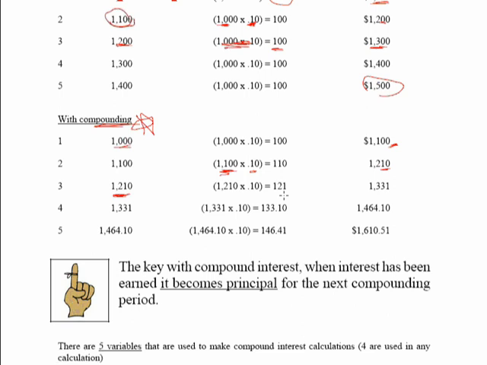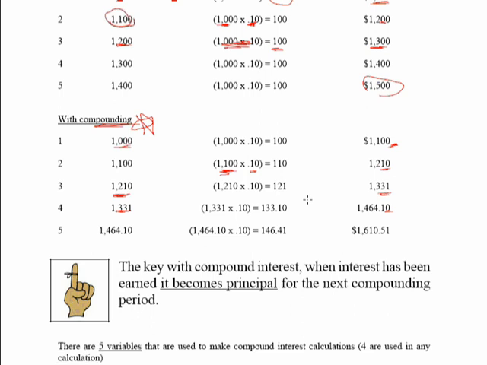Now we're making an extra $21, which gives us an ending balance of $1,331, which now is $31 higher than our no compounding example. So for year 4, we have a balance of $1,331. A 10% return on that gives us an additional $133.10, which gives us an ending balance of $1,464.10. So this compounding is starting to pick up momentum, starting to pick up speed, this concept of making interest on your interest.